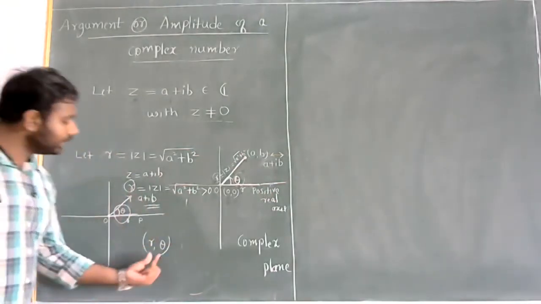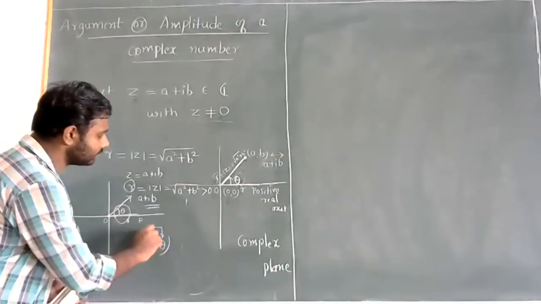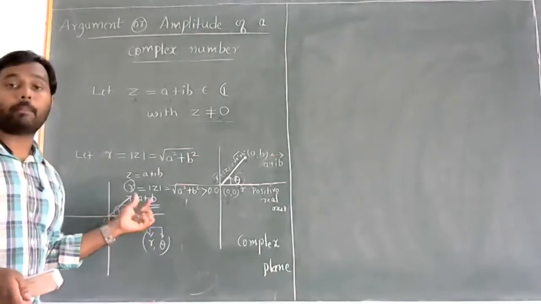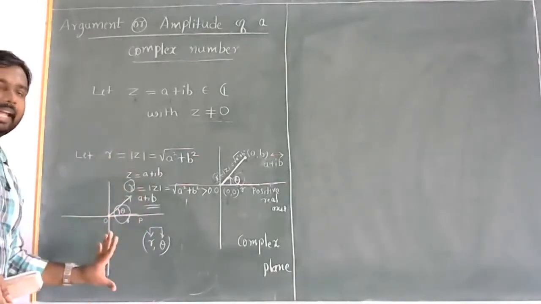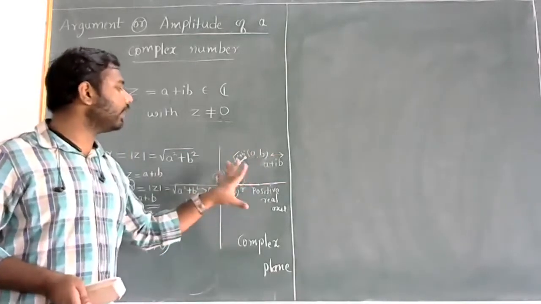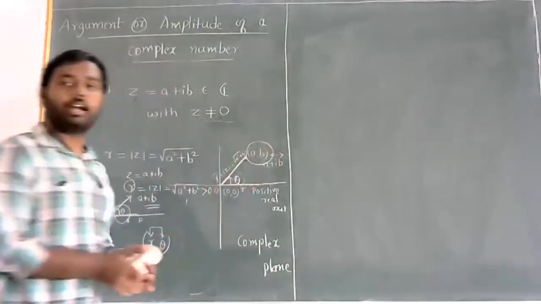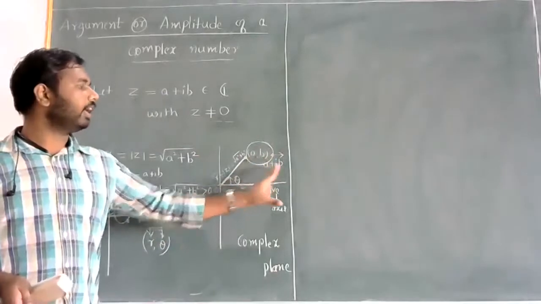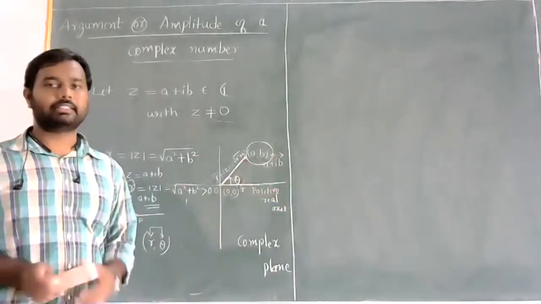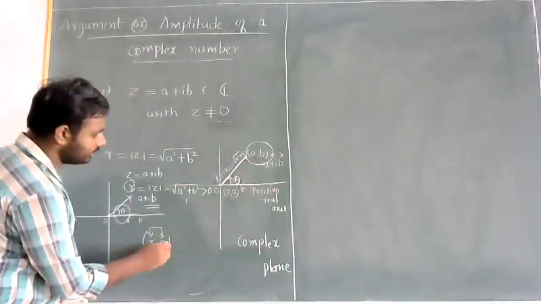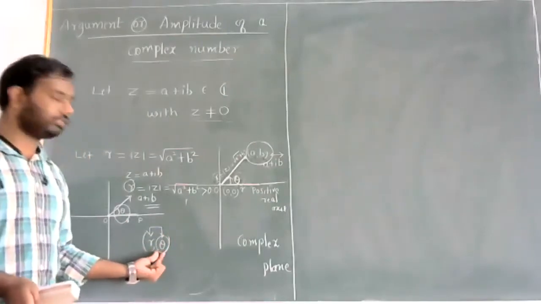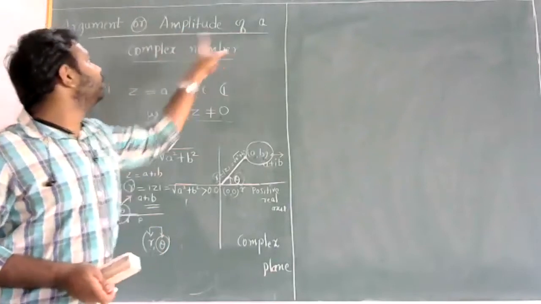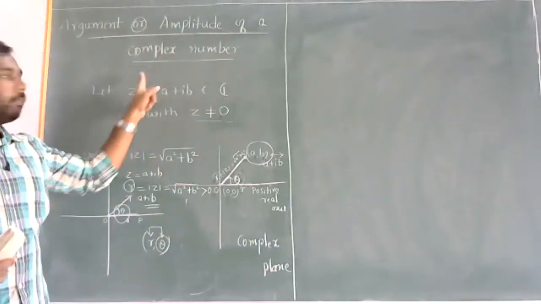theta. So using the ordered pair of real numbers r and theta, we can identify complex numbers on the plane, as we were identifying complex numbers using the ordered pair a and b, the real and imaginary parts. Now the theta value which we are using here is called the argument or amplitude of the complex number z.